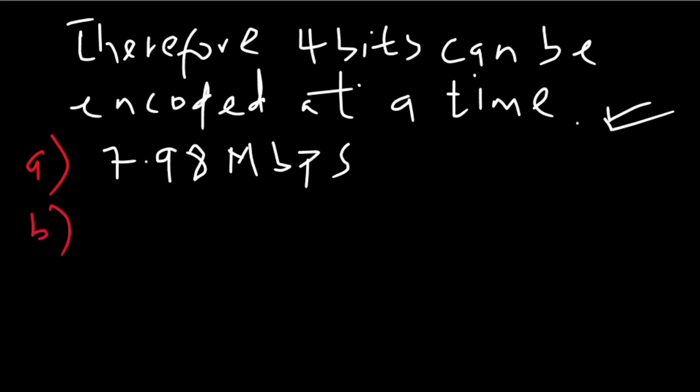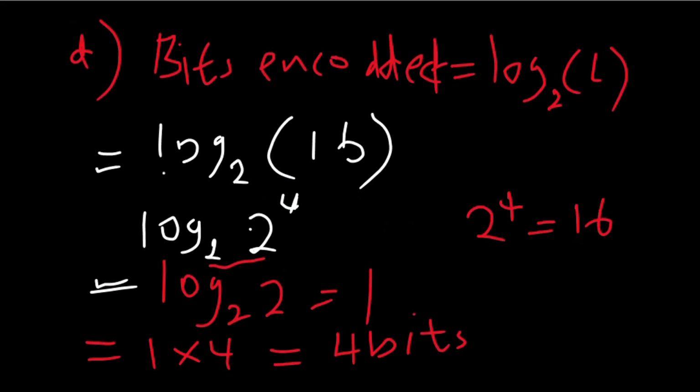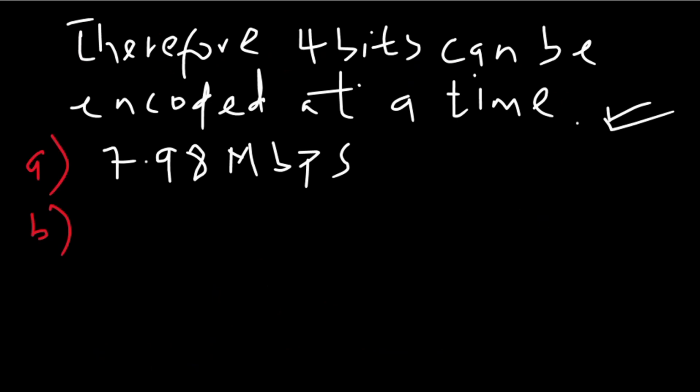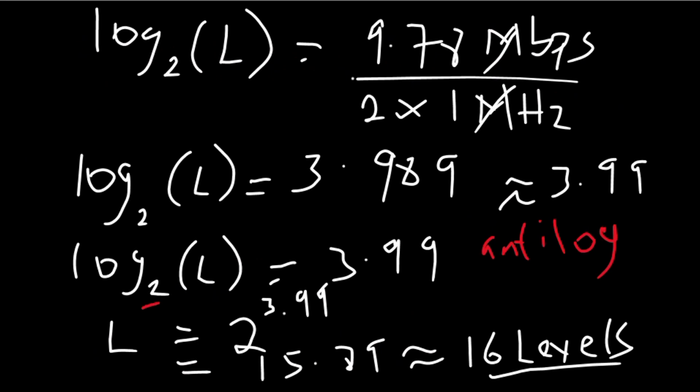Now the second part, the B, what were we supposed to find? Let's go back and refer. The B was the data rate. The data rate is the rate at which the data is being transmitted, which is the same as the Shannon capacity. So the answer doesn't change. We have 7.98 megabits per second.